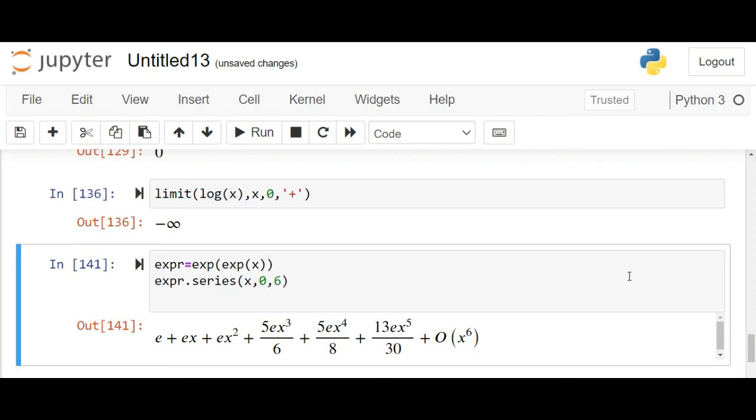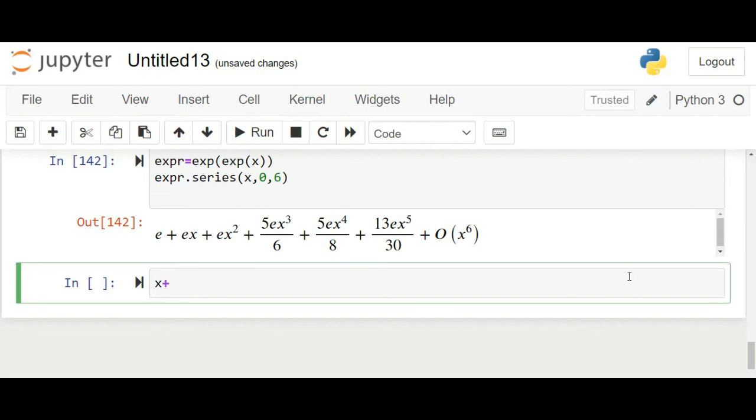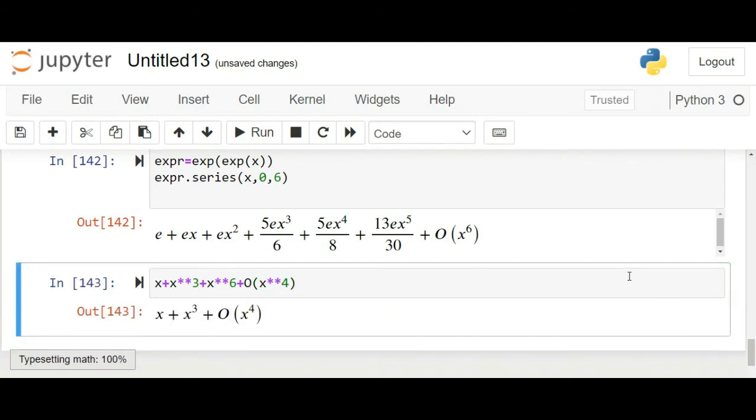Similarly, if I write a little bit more, x plus x raised to the power 2 plus x raised to the power 3, plus x raised to the power 6, plus O of x to the 4, and press control and enter, we will get the result.